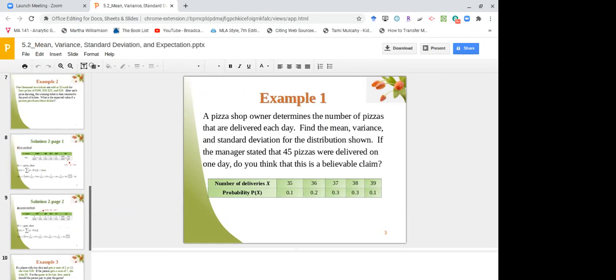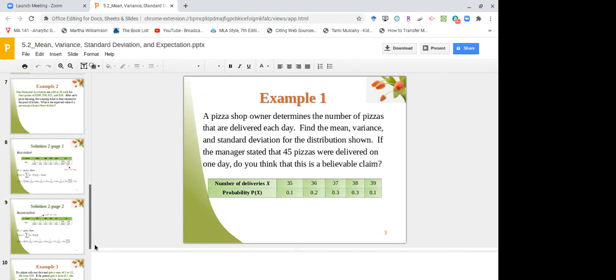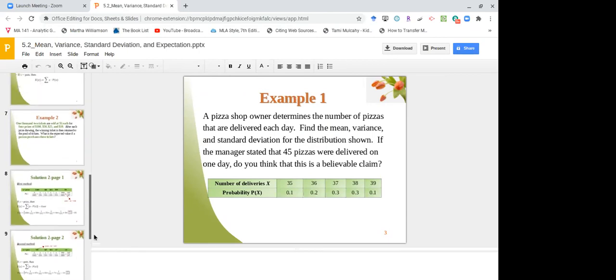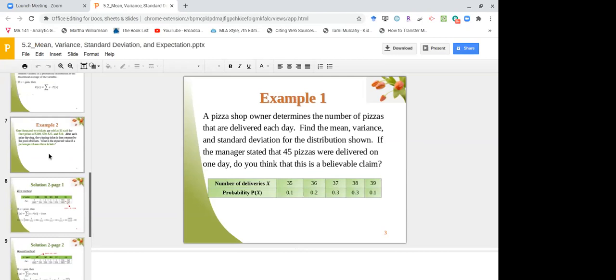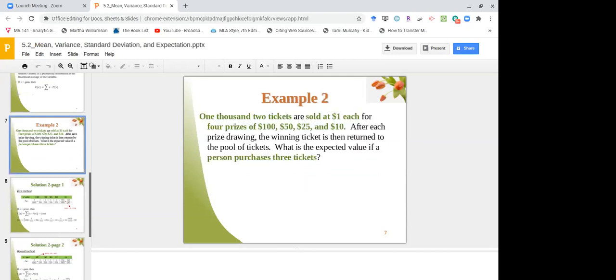The other concept in here is expectation, and this is a little bit tricky. Expectation is basically the mean of a probability distribution, but when we talk about expectation, it's usually in the context of gambling.